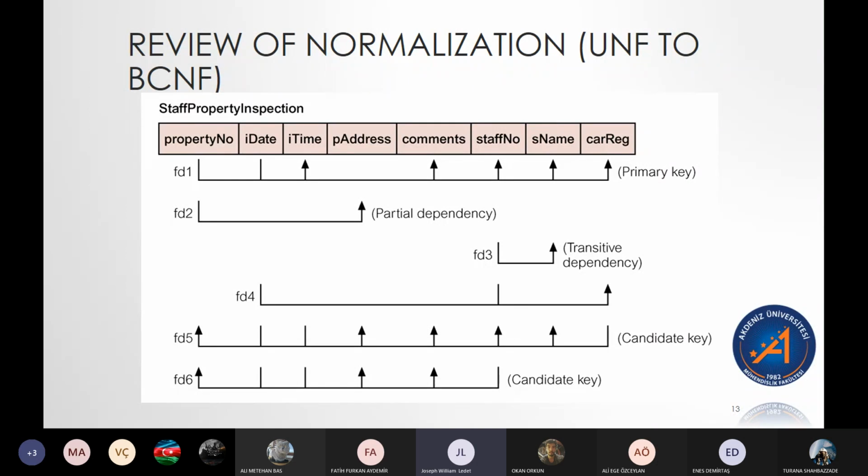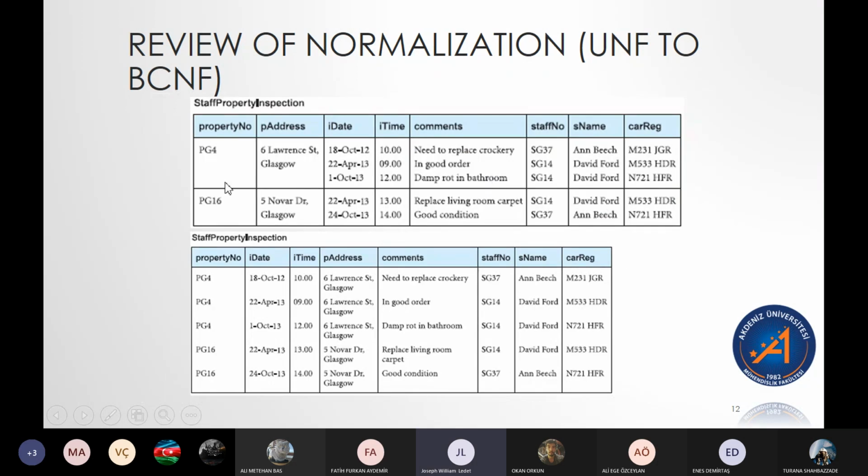So if we imagine that this table here, the staff property inspection, is a first normal form table, meaning we have all of the rows, each cell has an individual value, a PG4, a date, a time, an address, a comp. Everything has a single value. Nothing has more than one value in it. And there is a primary key defined.